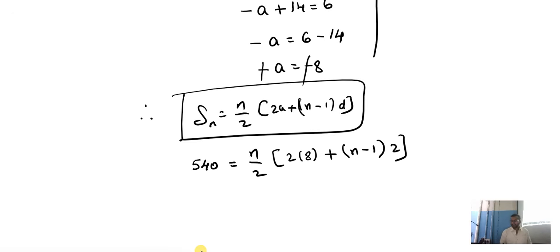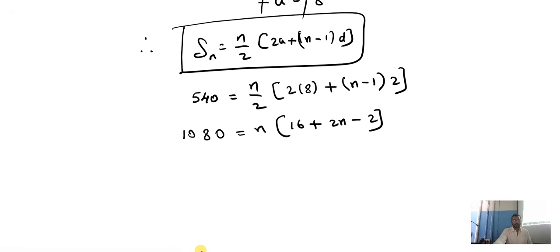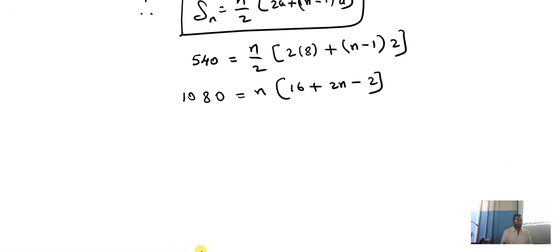Now, multiply 540 into 2. 1080 is equal to n into 8 twos are 16 plus 2 into n, 2n minus 2 ones are 2. Now 1080 is equal to n into 16 minus 2 is 14 plus 2n. 1080 equals 14n plus 2n square.